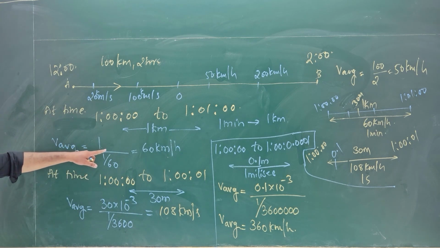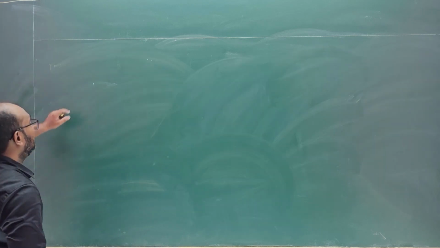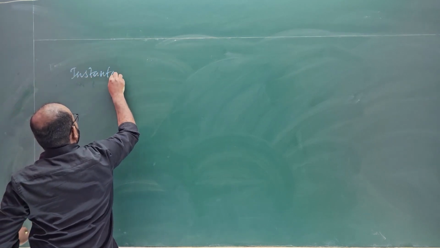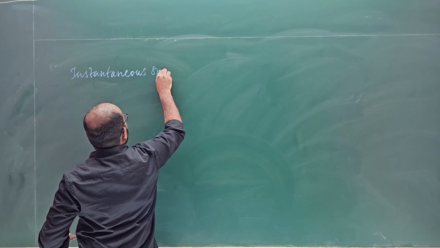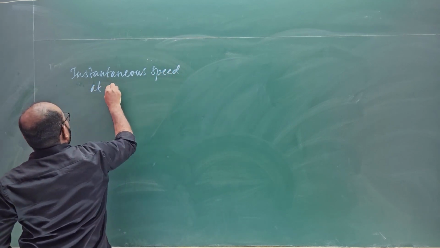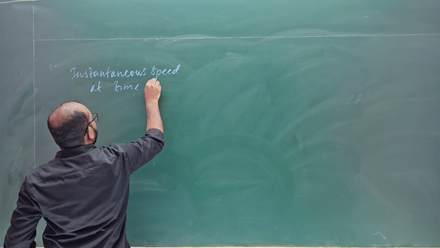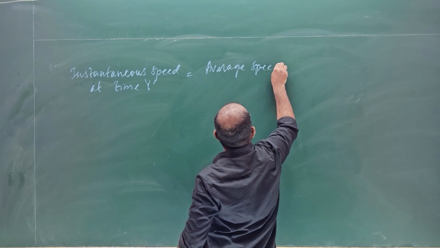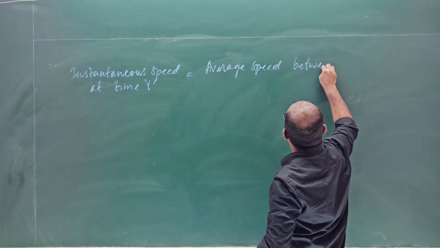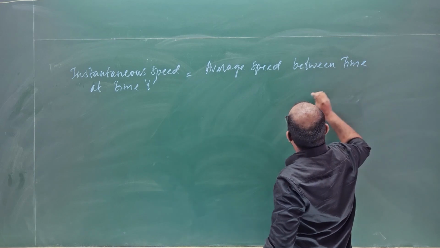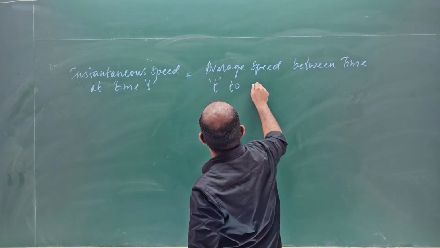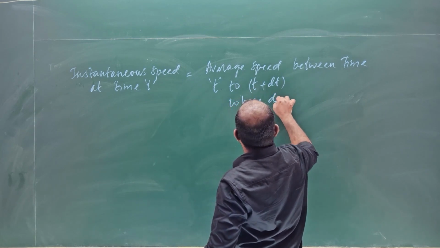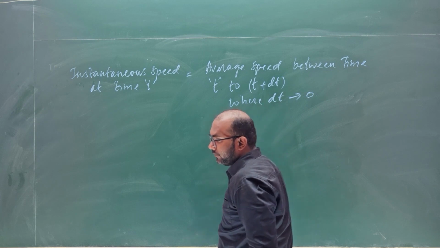First complete this one. Write it first. Okay, in the beginning I wrote like this: instantaneous speed at time t is nothing but your average speed between time t to t plus dt, where dt tends to 0.